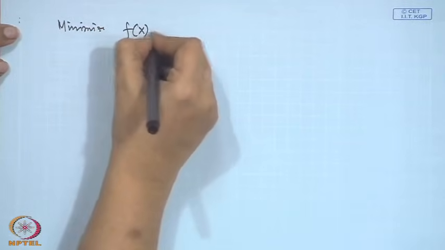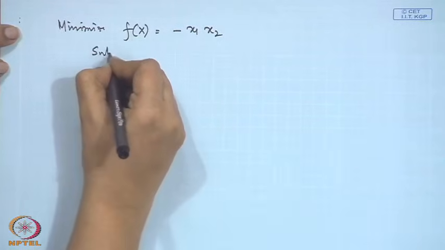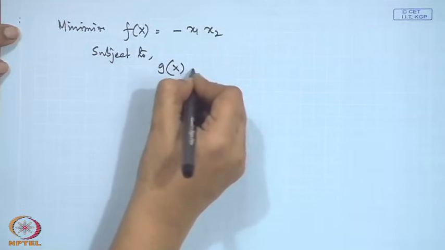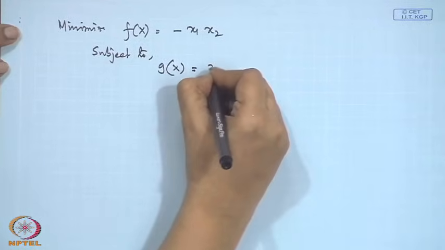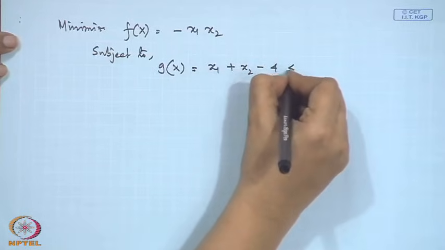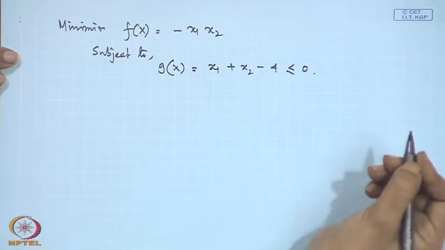Minimize f x. Here we are considering a nonlinear objective function. We can consider nonlinear constraints as well, but we are considering a linear constraint of less than or equal type.